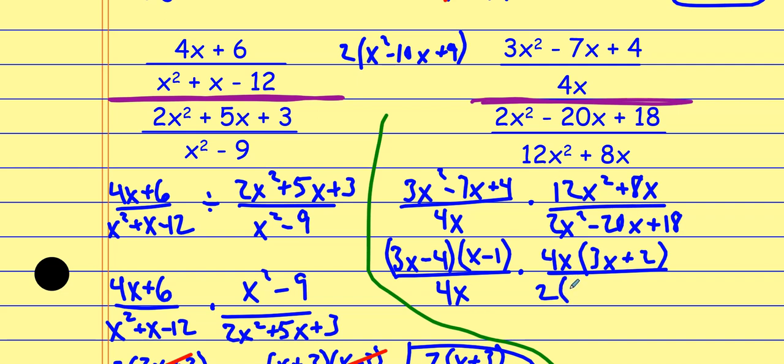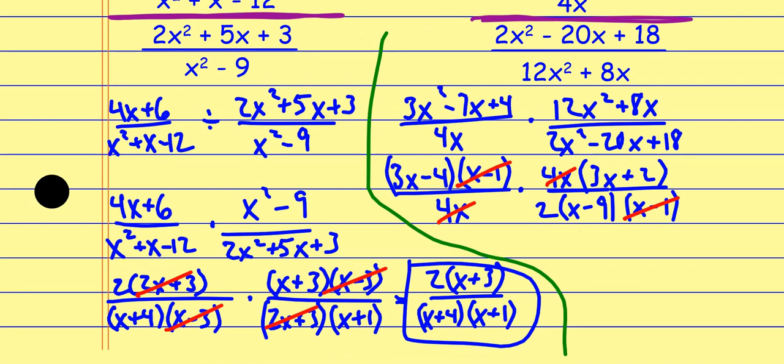And I get to use my shortcut now because I have a 1 out front. Sorry, my computer's starting to slow down. It's working too hard. And now I start canceling some things out. So the x minus 1s cancel. And the 4x cancels. And I think that's it.